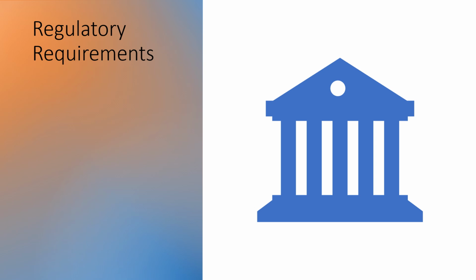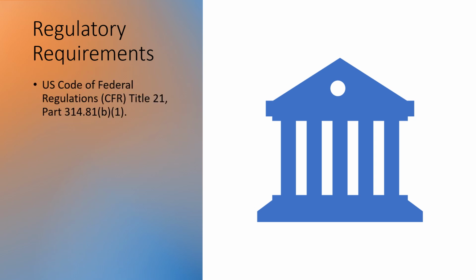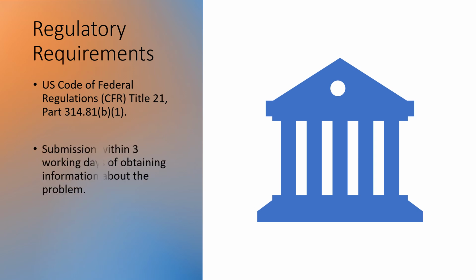Now we'll discuss the regulatory requirement for FAR. The US Code of Federal Regulations, that is CFR Title 21 Part 314.81(b)(1) section, is the guideline which states the requirement to initiate the FAR, right?